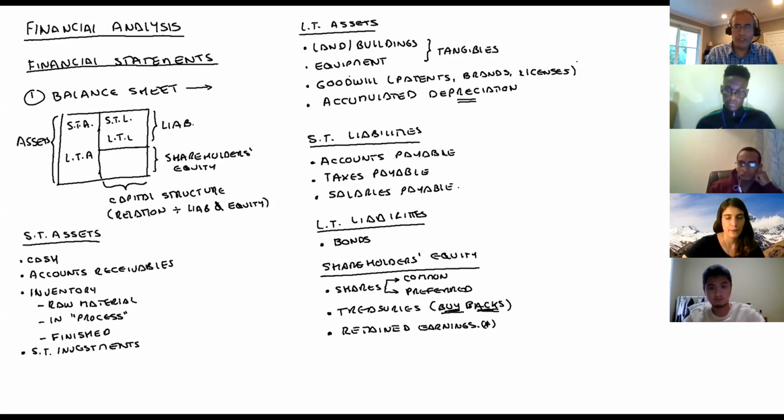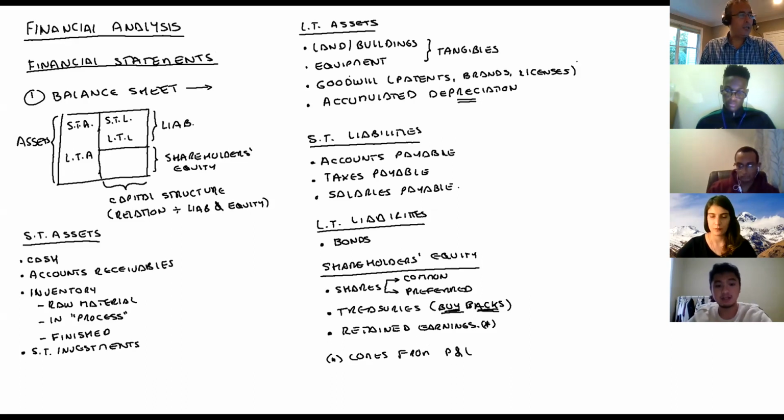So my asterisk here comes from P&L. I'm sorry, the retained earnings comes from P&L? Yes, profit and losses. The P&L is the profit and losses.